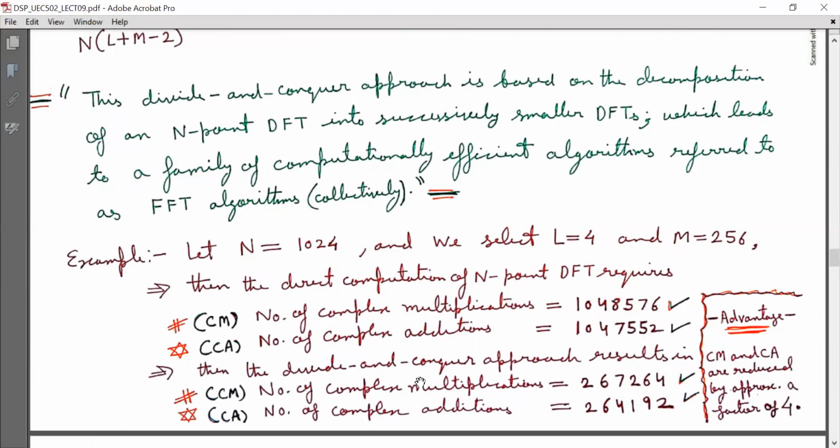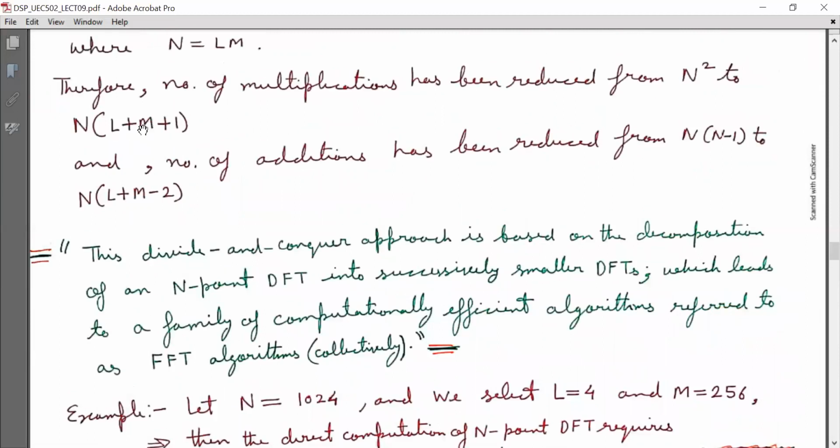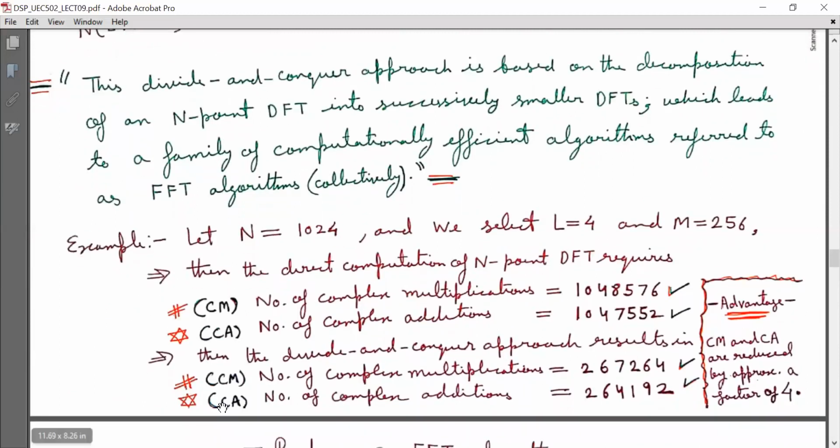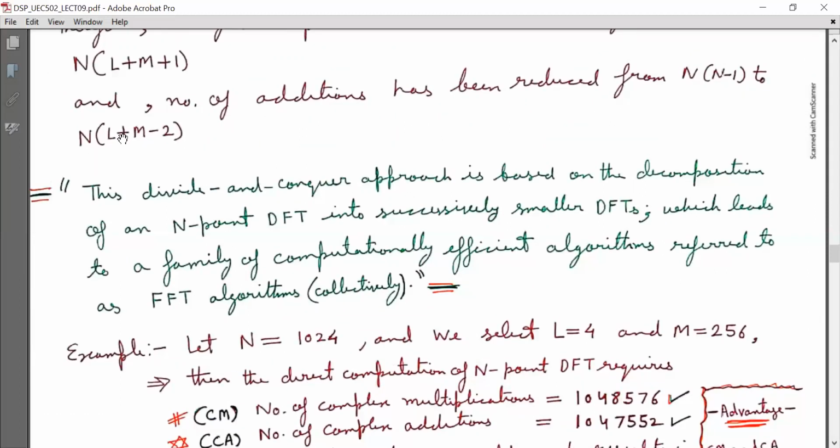Then the divide and conquer approach, which we have just discussed, results in complex multiplications equal to 267264 by this formula, and CA, complex additions, are 264192 by this formula.